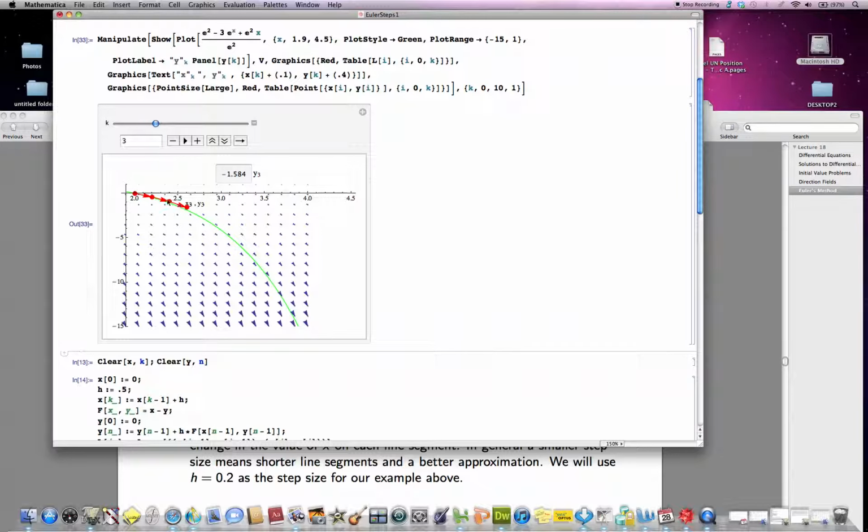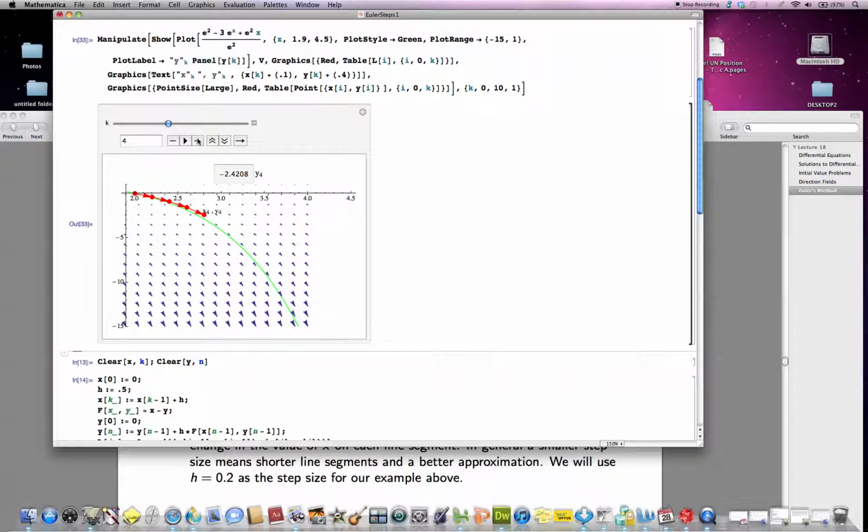You can see here we're staying pretty close to the actual solution, but we're off by just a little bit. But of course, the whole point of estimation is that you don't know the actual solution, so you may be off, and in fact you're guaranteed to be off, but you don't know exactly where the actual solution is, so you're using your estimate to estimate what's going to happen in the future to this curve.